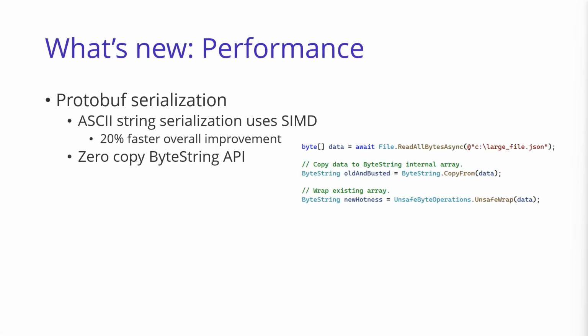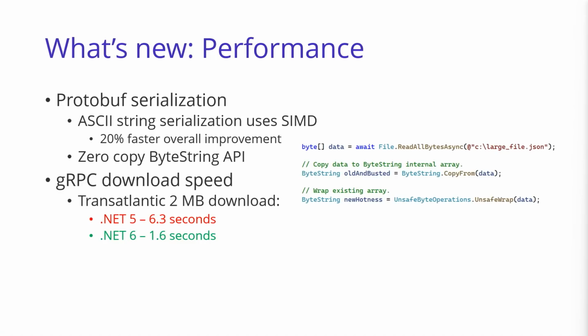We've added a new helper method that allows you to bypass this extra work. It's called UnsafeByteOperations.UnsafeWrap. So if you know a byte array isn't going to be modified, you can use this type to avoid the extra work involved. Now, this is really important if you're working in an app which is sending and receiving large messages. You can save all those allocations and potentially reduce garbage collection and improve performance.